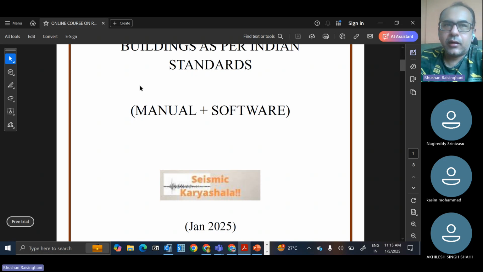So for a building with 30 floors with podium and basement, we should be able to solve it thoroughly and check the software results manually. Where the checklist, or what parameters to be checked in the software manually, will be discussed in detail.